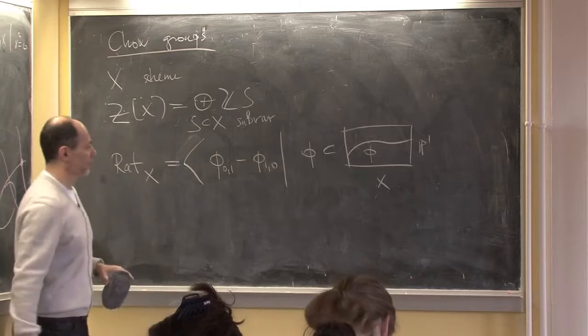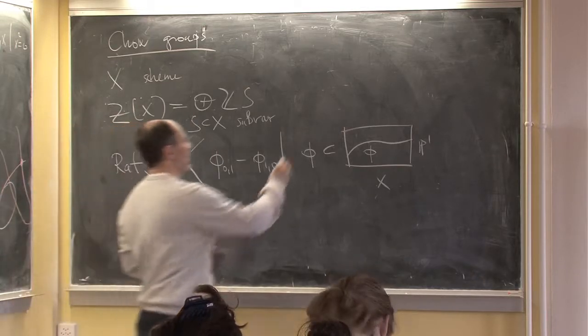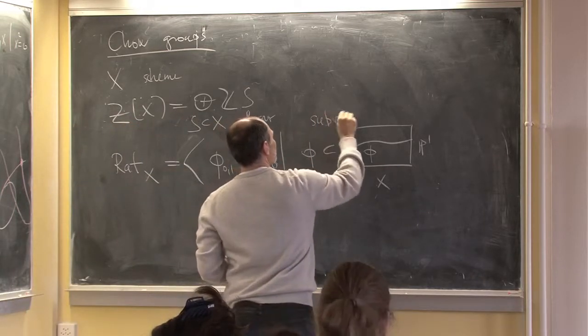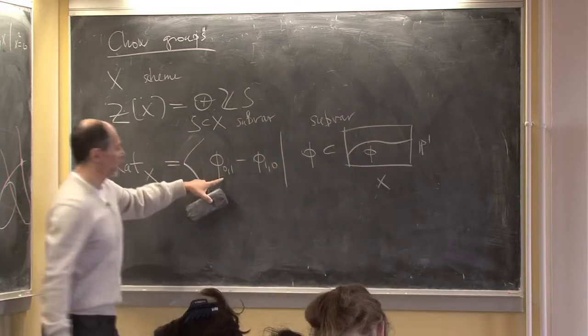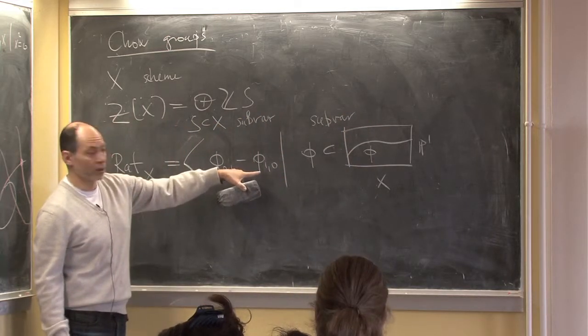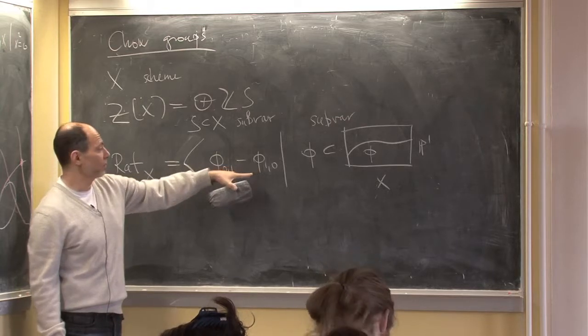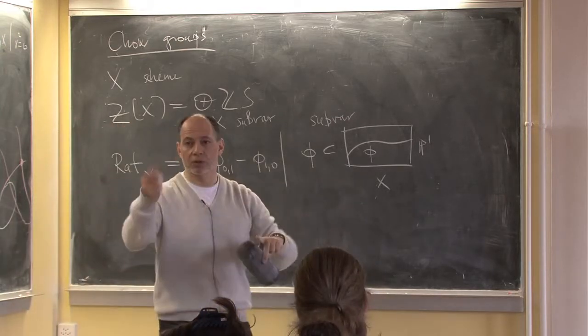I explained this last time. Now we look at phi_0 and phi_1, the intersections, and these we define using the intersection theory that I explained.